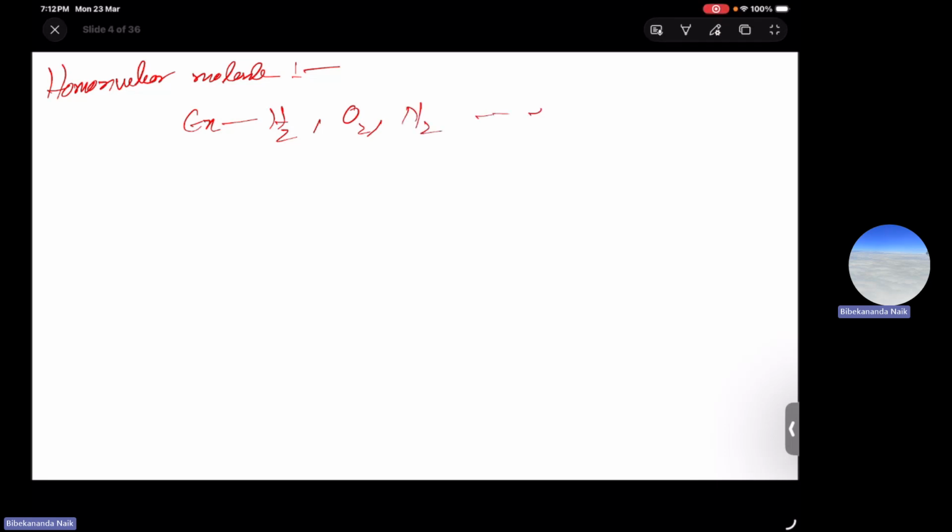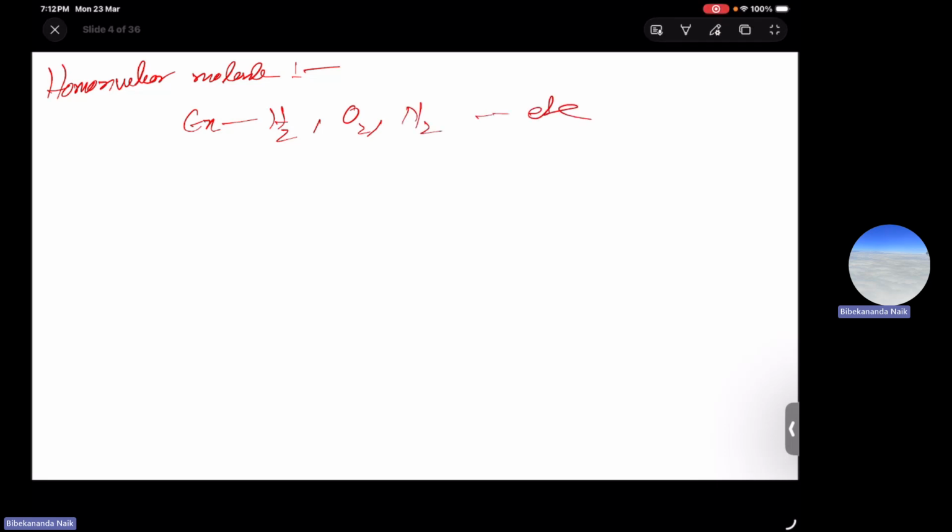Also, there are different molecules, like homonuclear molecules or heteronuclear molecules. In the case of a homonuclear molecule, the examples are hydrogen, oxygen, nitrogen, like that.